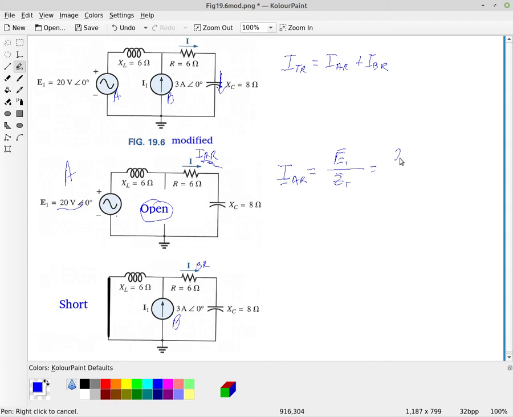So that's going to be 20 volts, angle 0 degrees.